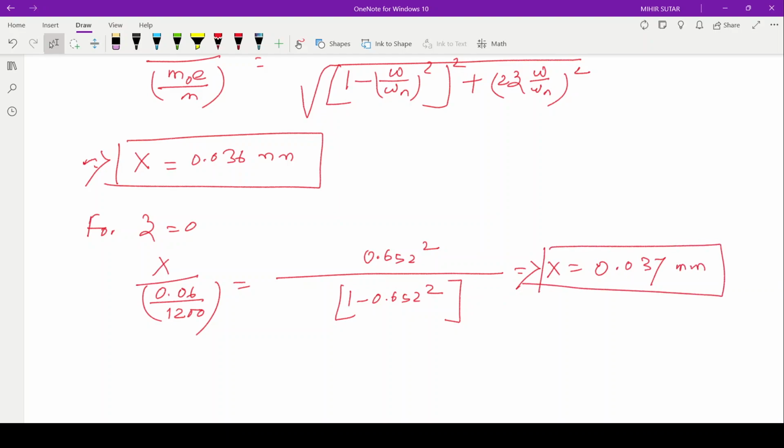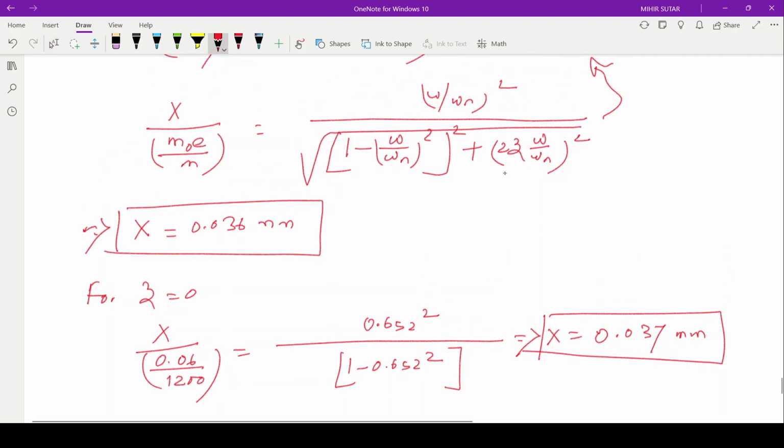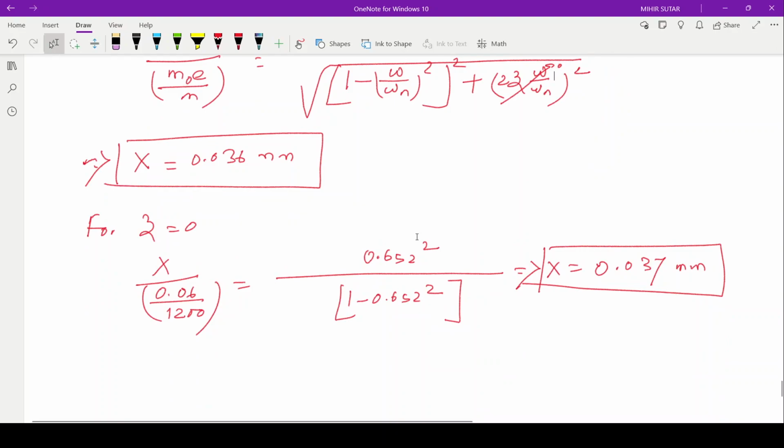Because if zeta is 0, this term will be 0. Okay, so left is square root of 1 minus omega by omega n square whole square, so it becomes 1 minus 0.652 square. Okay, so this type of question you will get.